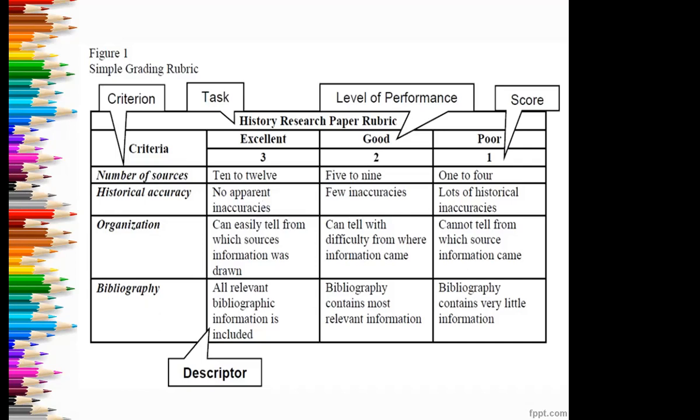And in organization, an excellent organization is that you can easily tell from which sources information was drawn. Good organization can tell with difficulty from where the information came. And a poor organization cannot tell from which source information came. So this is an example of an analytical grading rubric.